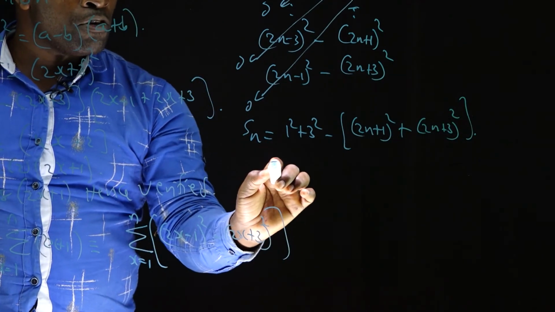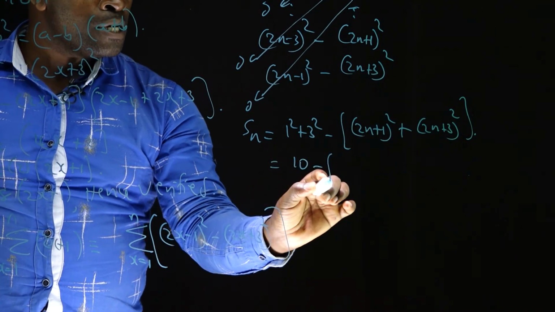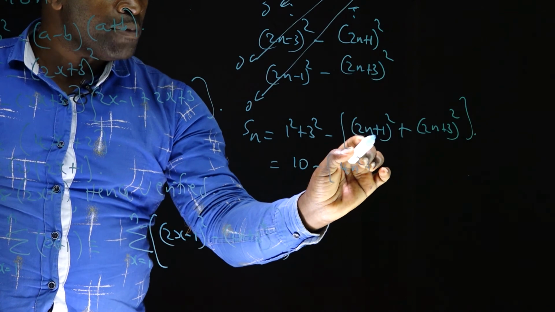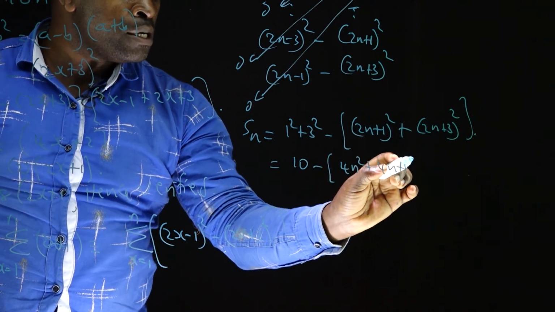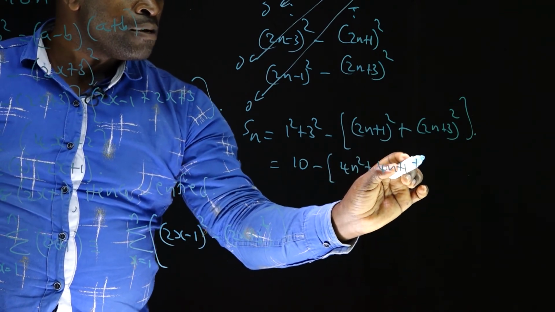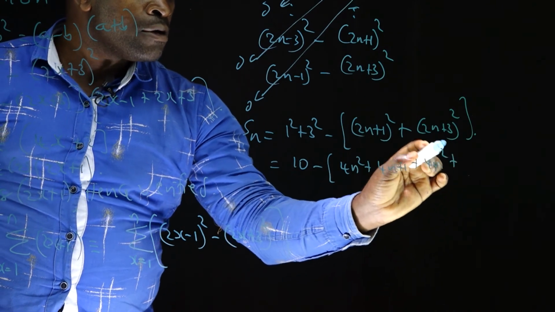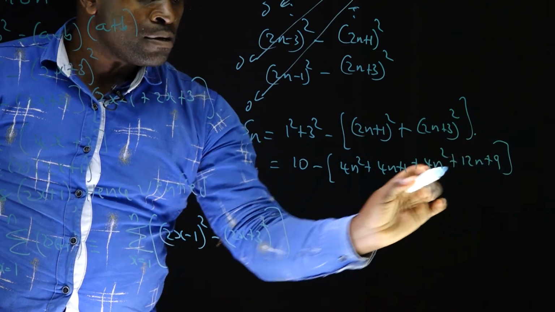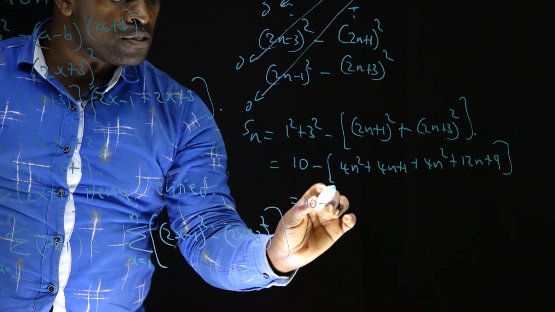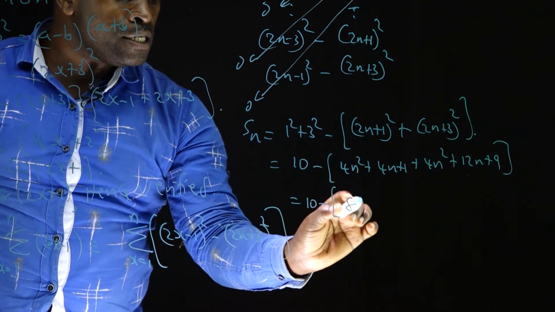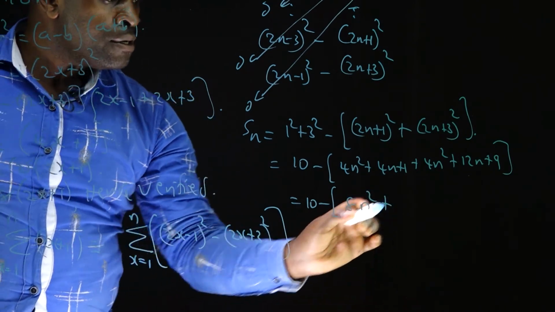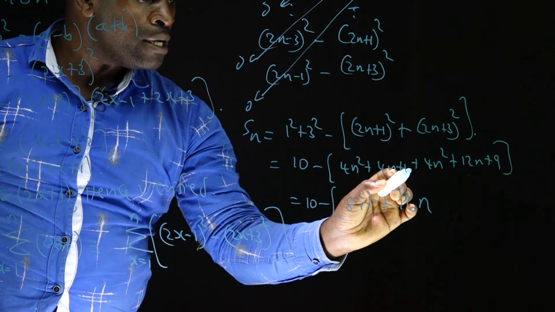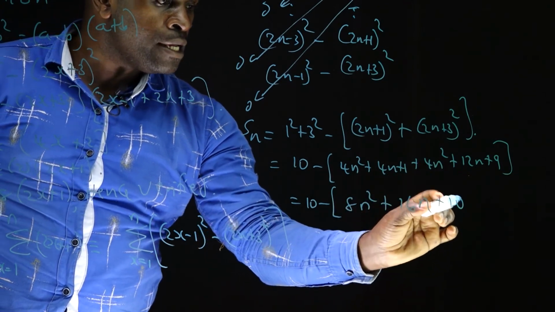Performing this, which is 10 minus, expanding this one, 4n squared plus 4n plus 1, plus 4n squared plus 12n plus 9, which is 8n squared plus 16n plus 10.